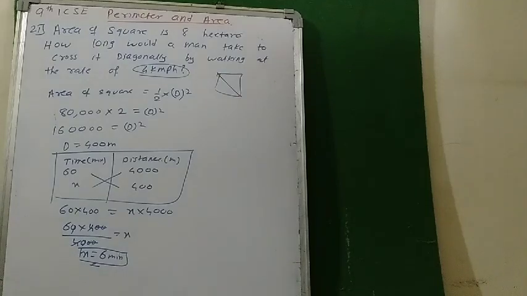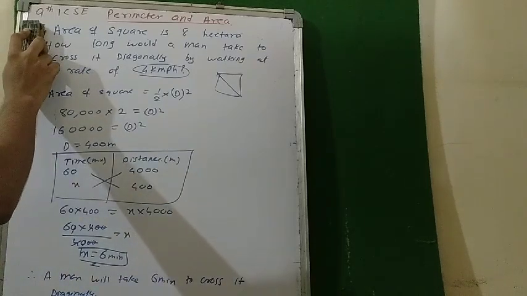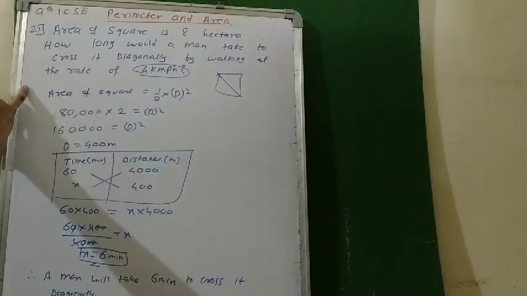Therefore, the man will take 6 minutes to cross it diagonally. Okay, so you just copy it down and write the final statement.